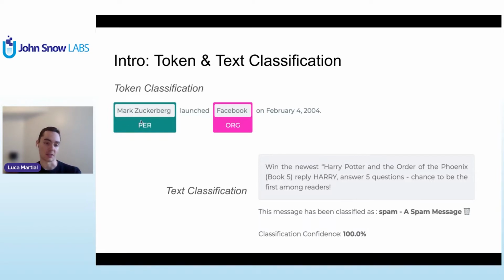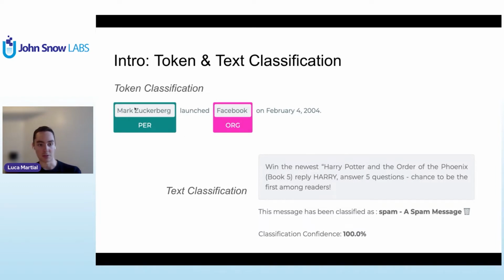So in this example here, we have a sentence, for example, that could be from a historical document. And within that sentence, the idea is to detect words or groups of words that are related to people. So we get a person tag here on Mark Zuckerberg, or organizations. So Facebook here gets an organization tag.